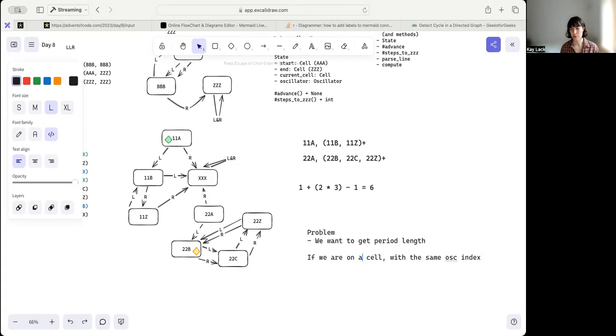If we are on cell X with OSC index Y, and we've seen this state before, we're in a cycle.